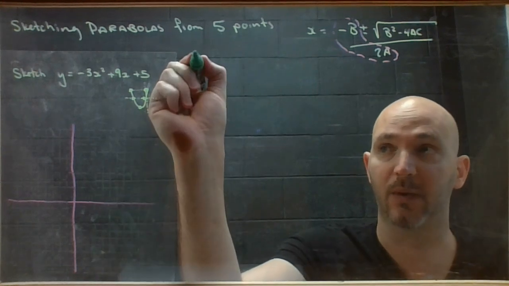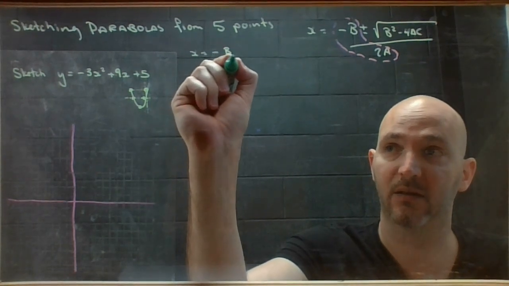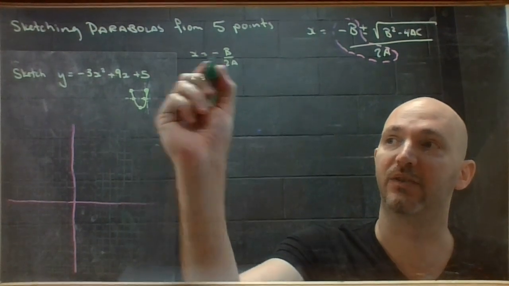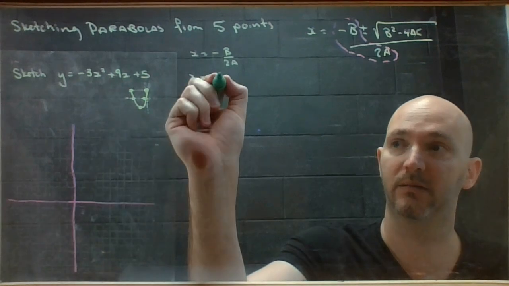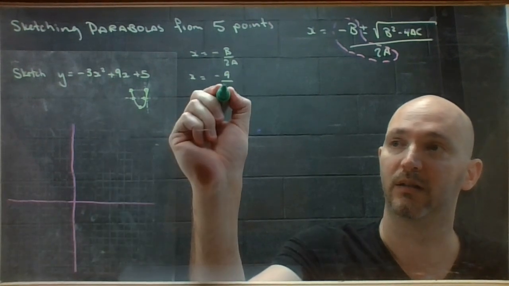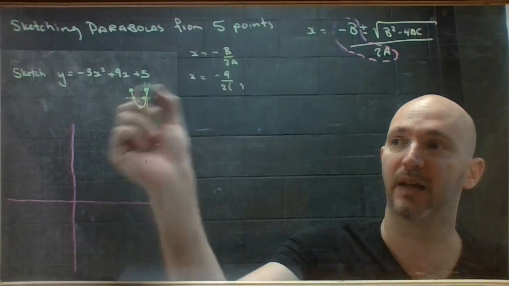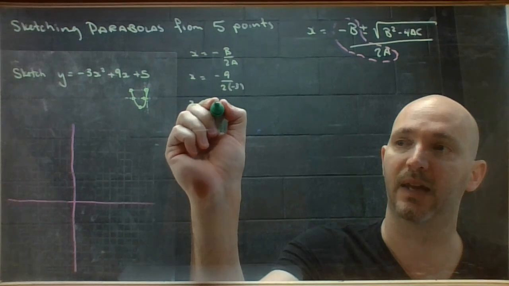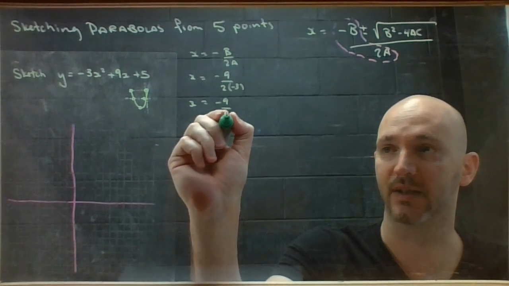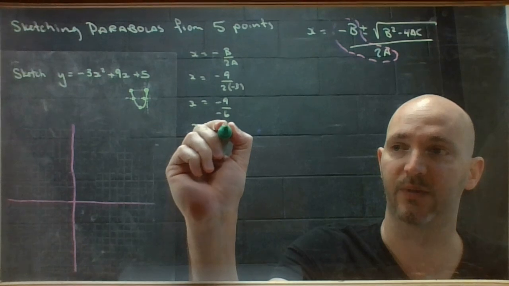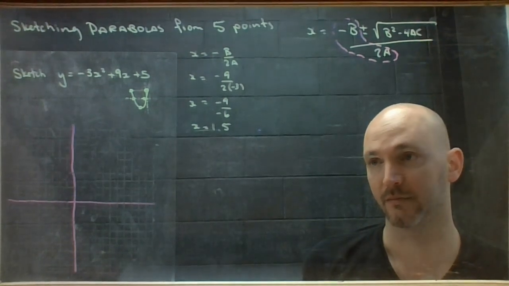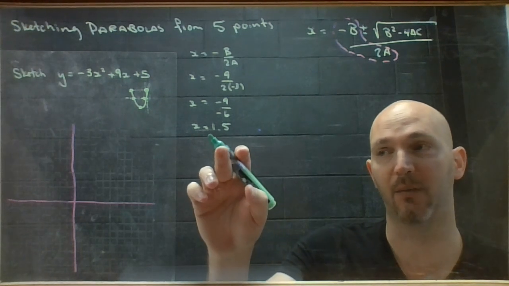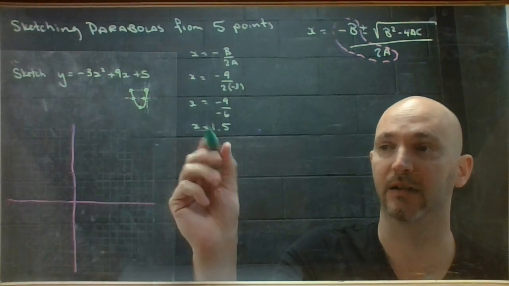So if I start with negative b over 2a, in this particular equation, my b value is 9. The 2 is just part of the machine. My a value is negative 3. So I end up with negative 9 over negative 6, which is 1.5. Okay, so once you have your x value for your vertex, you can get the y value by just plugging it in here.